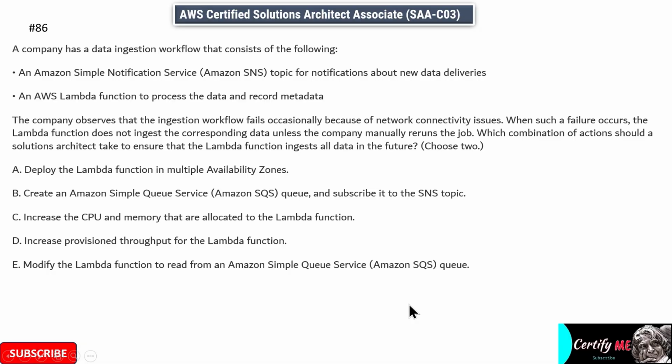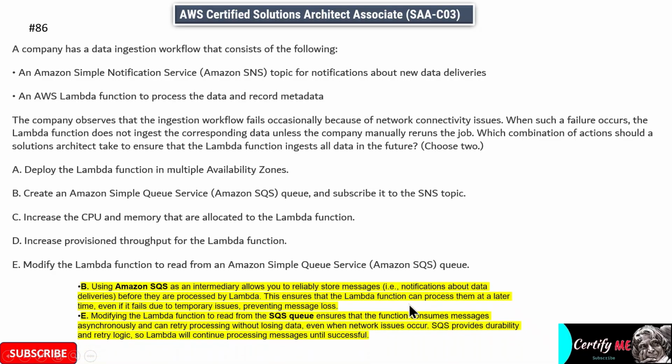The correct options are option B and option E. Using Amazon SQS as an intermediary allows you to reliably store messages before they are processed by Lambda. This ensures that the Lambda function can process them at a later time, even if it fails due to temporary issues, preventing message loss.